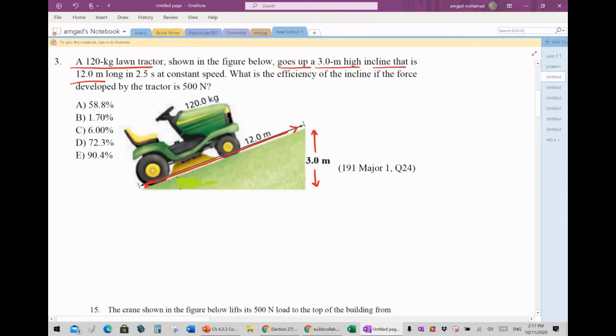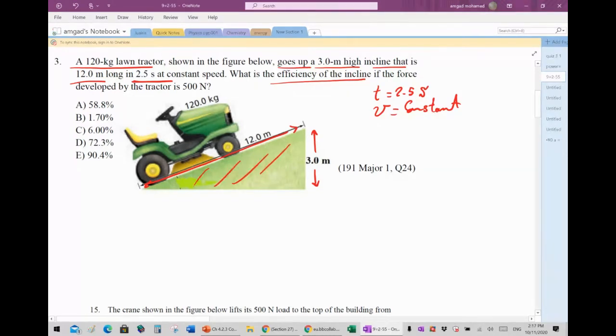The length is 12 meters, and it does that in 2.5 seconds. So the time is 2.5 seconds, and it does that with constant speed. What is the efficiency of the incline?